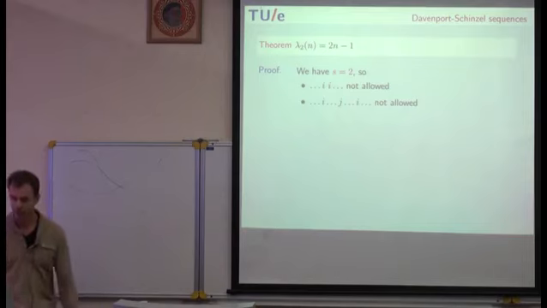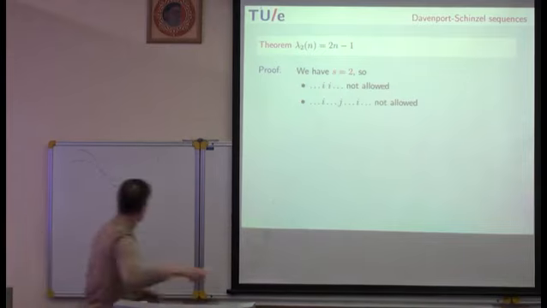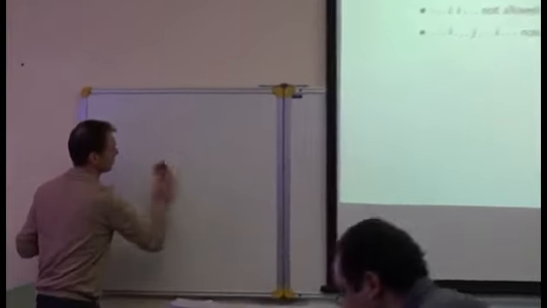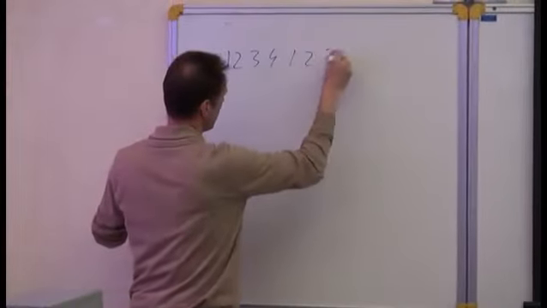For the case where s equals 1, can't we have 1, 2, 3, 4, 1, 2, 3, 4, for example? So the question is, can I have 1, 2, 3, 4, 1, 2, 3, 4?